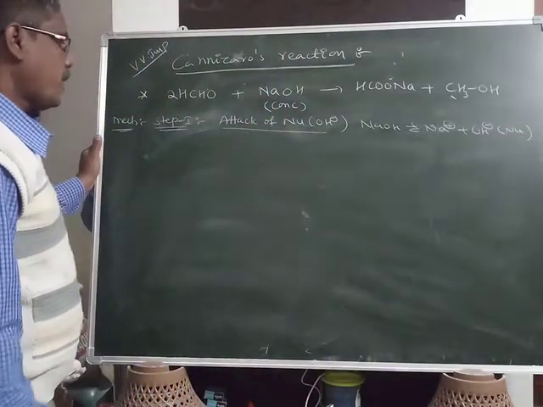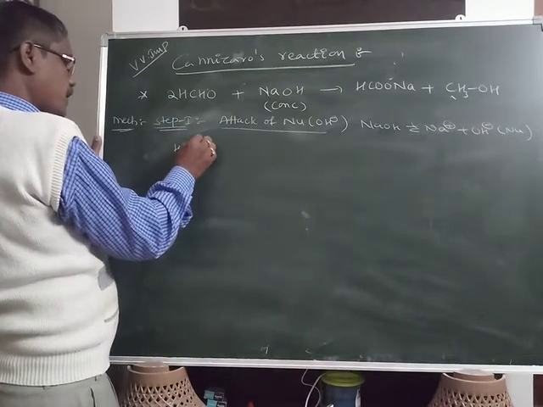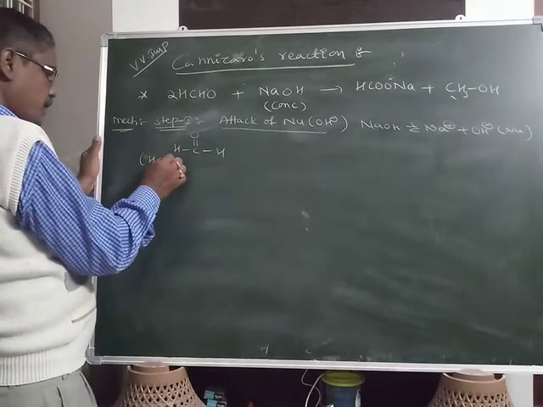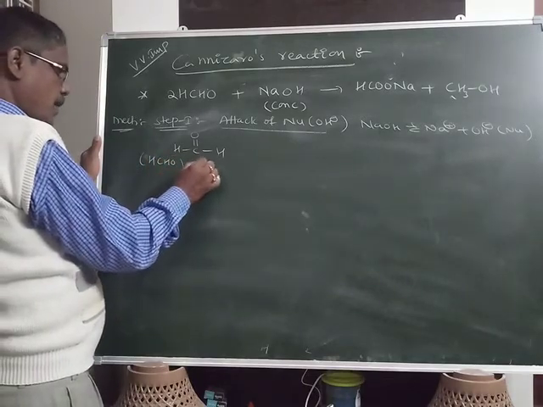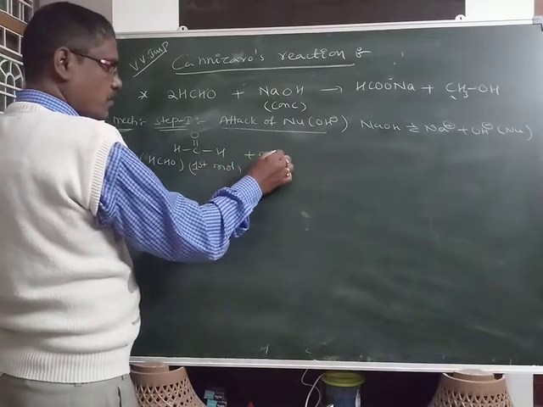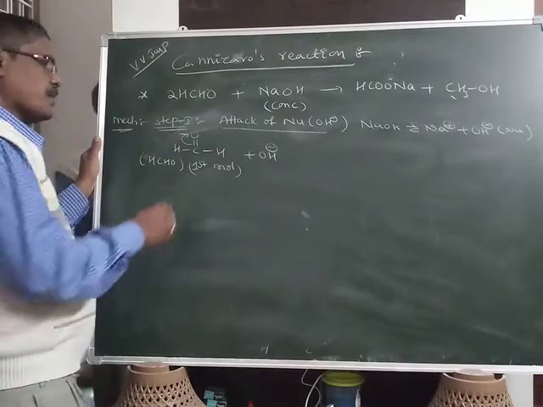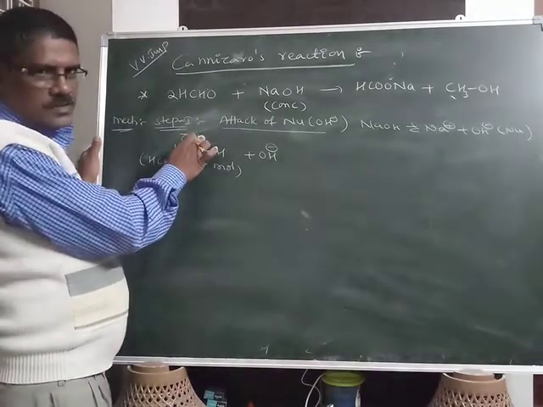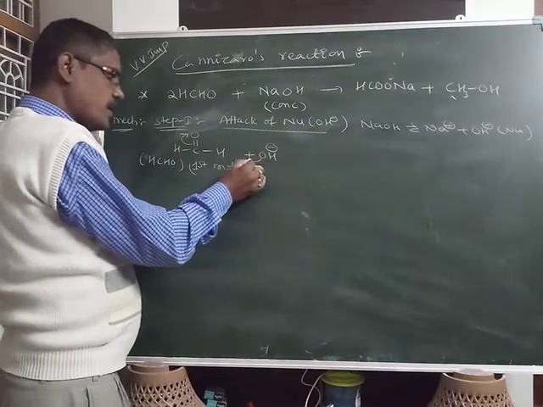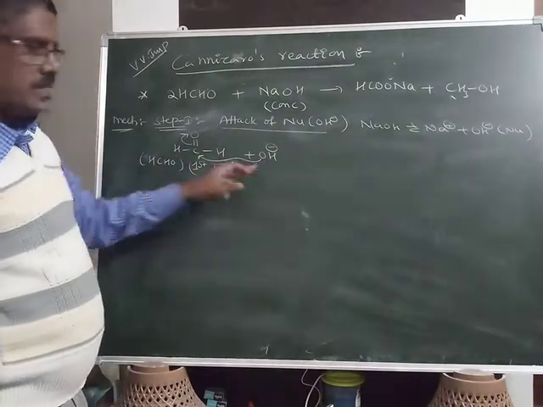Okay. Now here the first molecule is formaldehyde, HCHO. First the nucleophile OH minus attacks, this bond shifted to this side and oxygen gets negative charge, carbon gets positive charge. The positively charged carbon attracts the negatively charged OH minus.